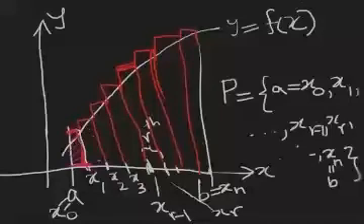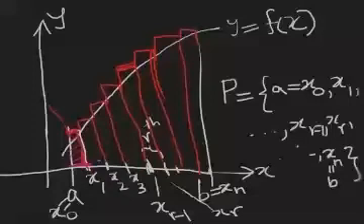Let's say the maximum value of f on this interval is m sub 1. So this height is m sub 1, times the width of this rectangle, which is x sub 1 minus x sub 0. That gives you the area of this rectangle.